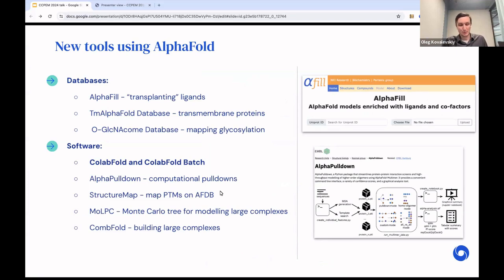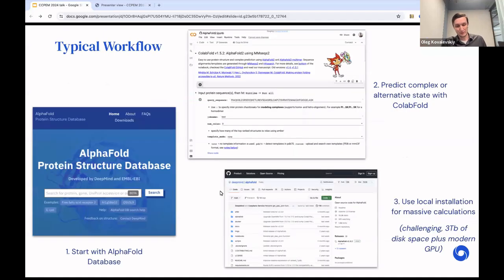New software adopts AlphaFold for such uses as in silico computational pull-down screenings, like protein-wide screenings for protein interactions. Also, please note ColabFold, an alternative Colab interface to AlphaFold. It has more options available than our very basic Colab. So using the right tools is another key to unlock the full AlphaFold potential.